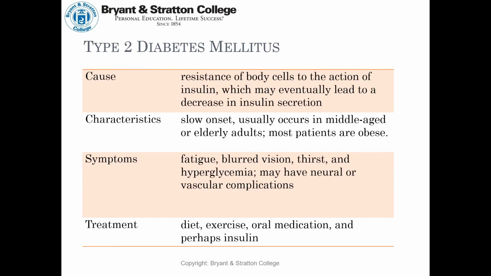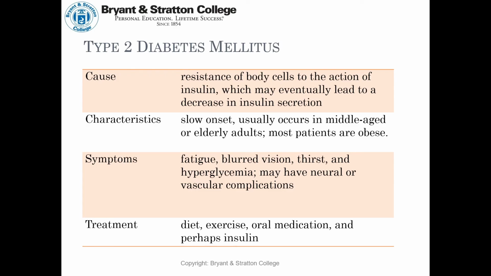Type 2 diabetes, this is a resistance and an inability of the body to meet insulin requirements. The longer you have the condition, the more symptoms you'll have and the more permanent complications you end up with.